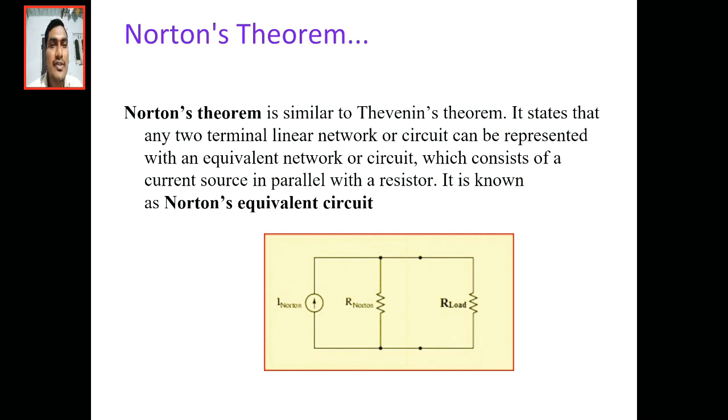Here the duality is: there is a voltage source, here a current source. There is a resistance, here is a resistance. Both resistances are the same for Norton's and Thevenin's theorem. In Thevenin's theorem, the resistance is in series with the voltage source. Here the resistance is in parallel with Norton's current source.